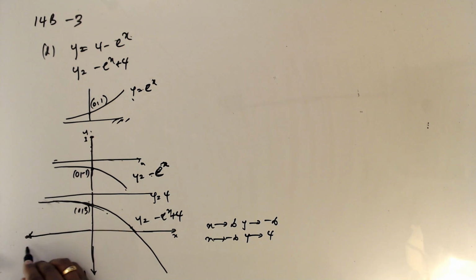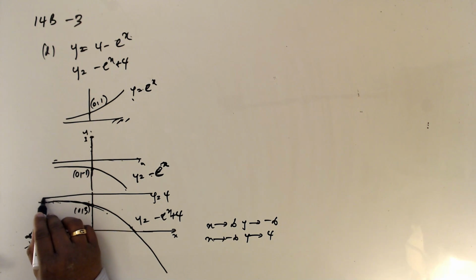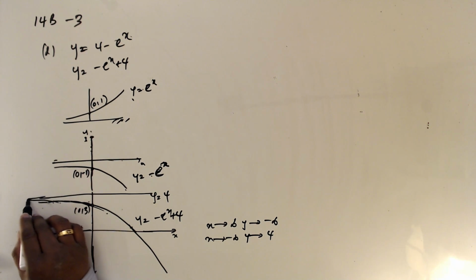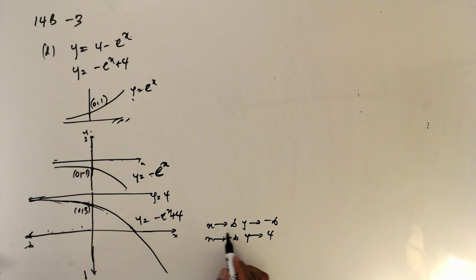You can see that this distance is increasing, but it does not go above 4. It will touch the line y equals 4 at infinity. That's why when x goes to minus infinity, the y value goes to 4.